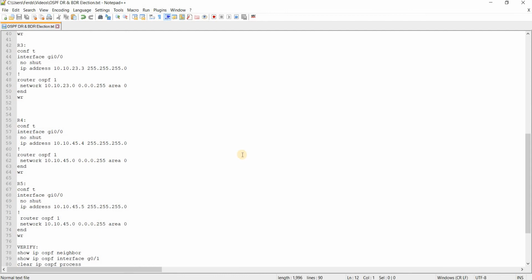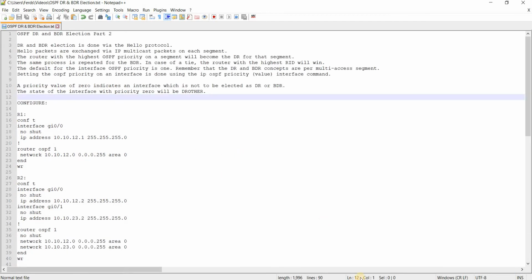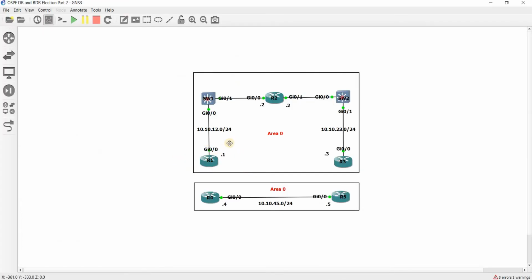So I have already configured the routers. We have R1, R2, and R3 in area 0. And like I said earlier, R1 and R2 are in this segment, and R2 and R3 are in this segment, one segment as well.